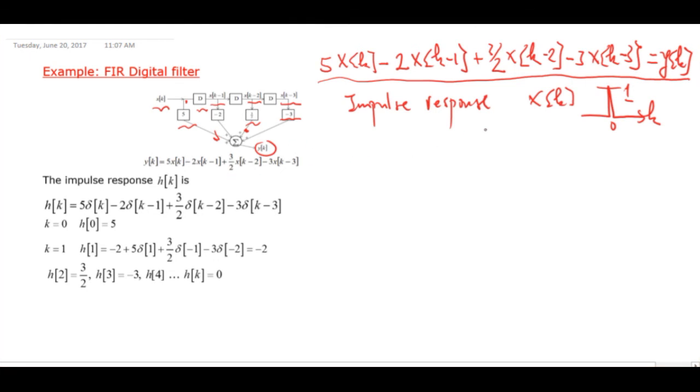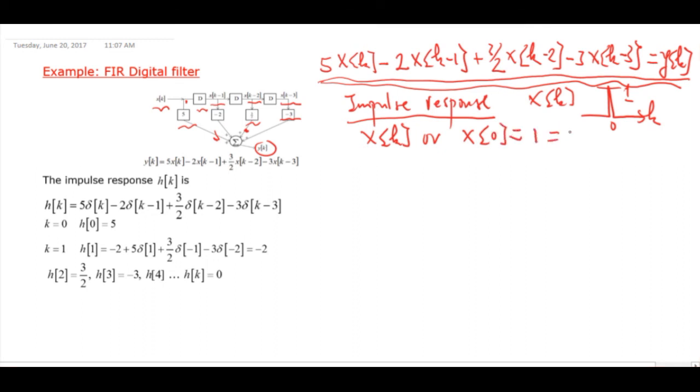We just substitute everything into the equation we have obtained. Because we are talking about the impulse response, x0 is equal to 1, or equal to delta 0. This is what this is about.